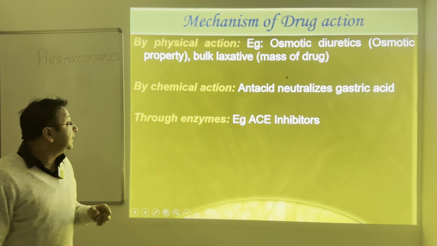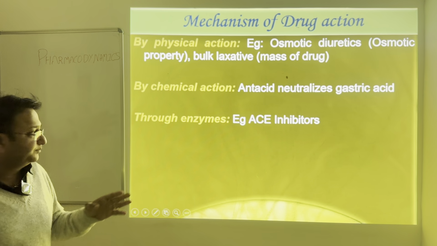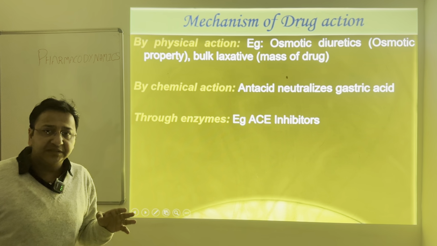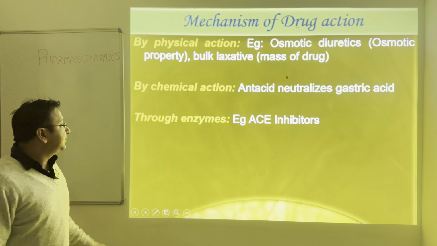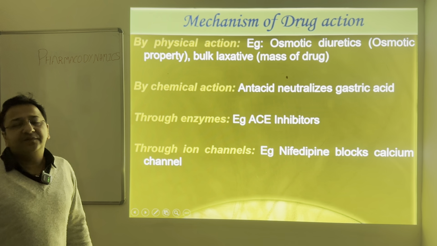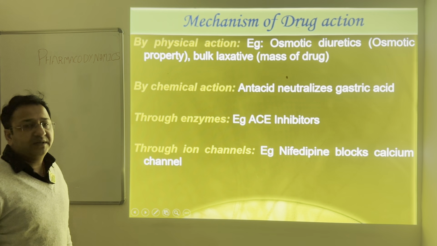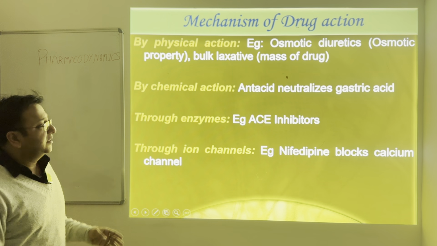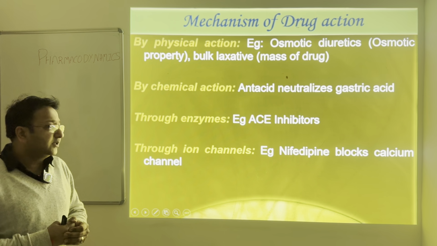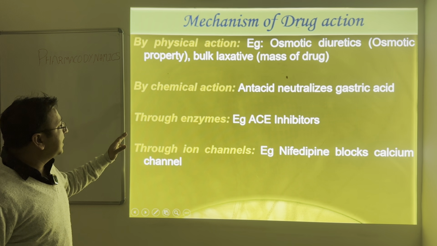When we inhibit that ACE, using ACE inhibitors like enalapril, captopril, and lisinopril, they all act through the enzyme. Through ion channels: various channels are there, like sodium, potassium, and calcium. Drugs acting on these channels, like nifedipine, amlodipine, and all the other calcium channel blockers, act on the calcium channel. So these are the different ways the drug can act.